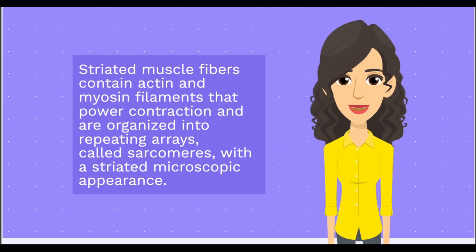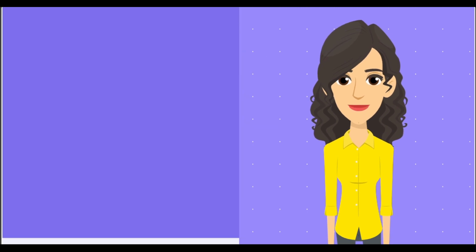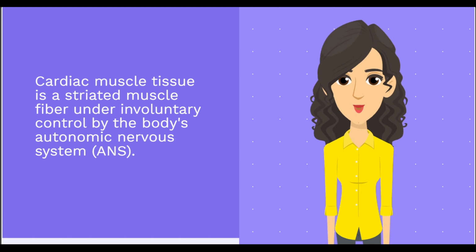Striated muscle fibers contain actin and myosin filaments that power contraction and are organized into repeating arrays, called sarcomeres, with a striated microscopic appearance. Cardiac muscle tissue is a striated muscle fiber under involuntary control by the body's autonomic nervous system, ANS.